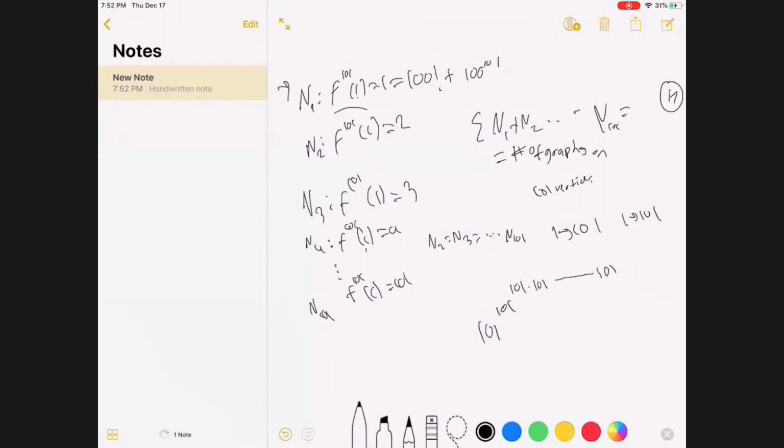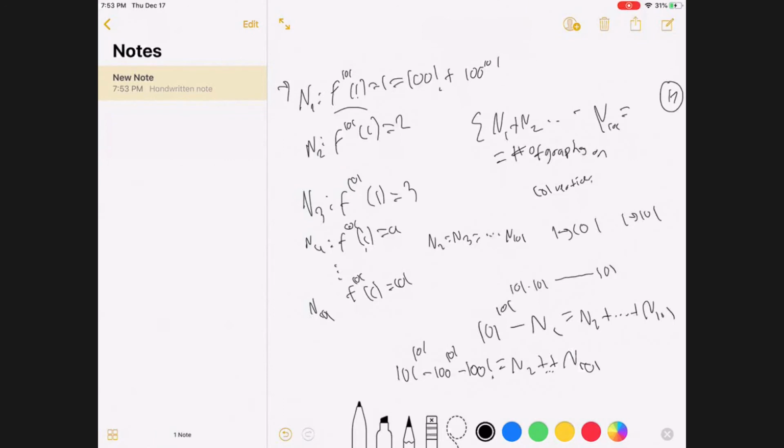And now if we subtract n1, we'll get n2 plus up to n101 on the other side. And what is n1 again? It's 101 to the 101 minus 100 to the 101 minus 100 factorial equals n2 plus up to n101.